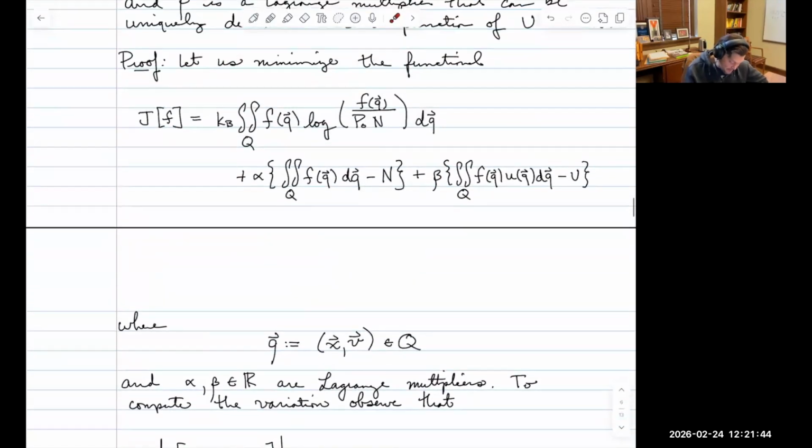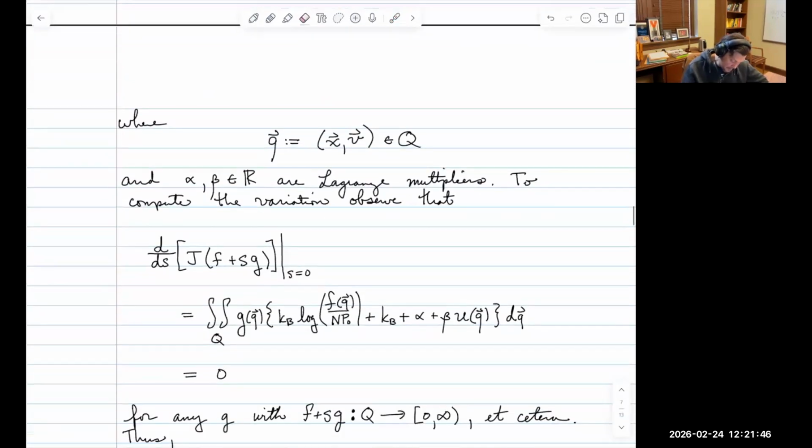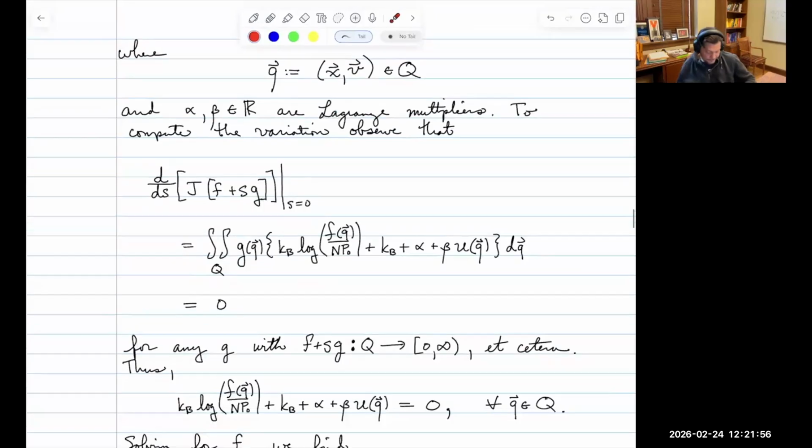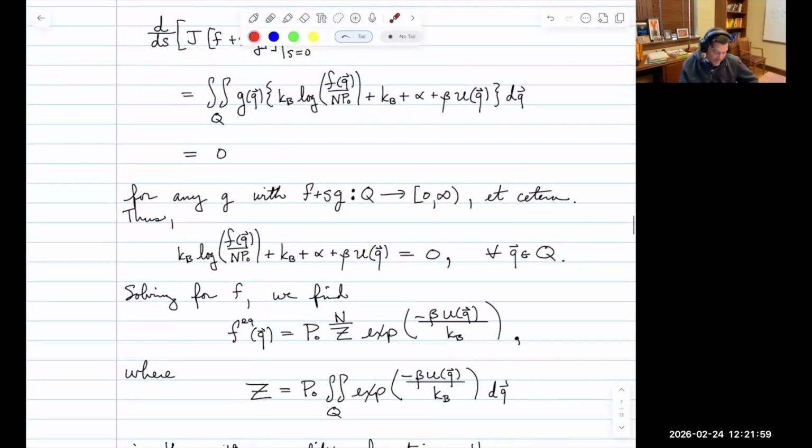And just to be clear, J is not a function, it's a functional, so I usually use brackets with functionals. To find the extremal value, I'm going to set this equal to 0.